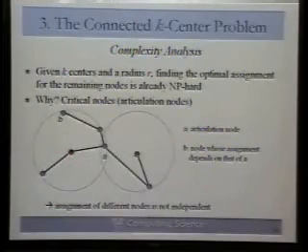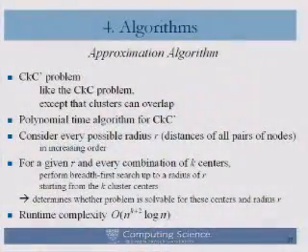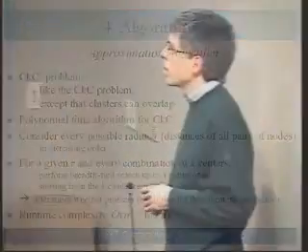If we assign A to the second cluster, B would have been assigned to the second cluster as well. So the assignment of different nodes is not independent, which is different from the classical k-means or k-center problem, where as soon as we have found k centers, the assignment of the remaining points is straightforward because it's independent from each other. So this is intuitively the reason why the connected k-center problem is so hard.